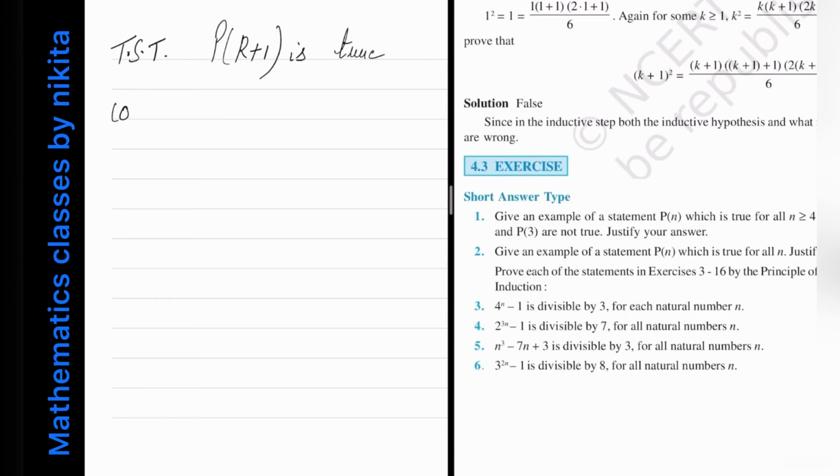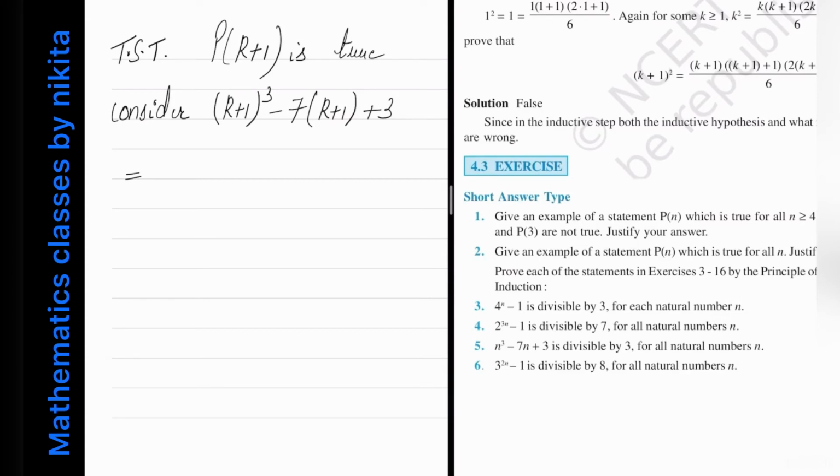Now for this I will consider k plus 1 whole cube minus 7 times k plus 1 plus 3. Okay, now first of all I will open the bracket k plus 1 whole cube using the formula of a plus b whole cube. So what is a plus b whole cube?